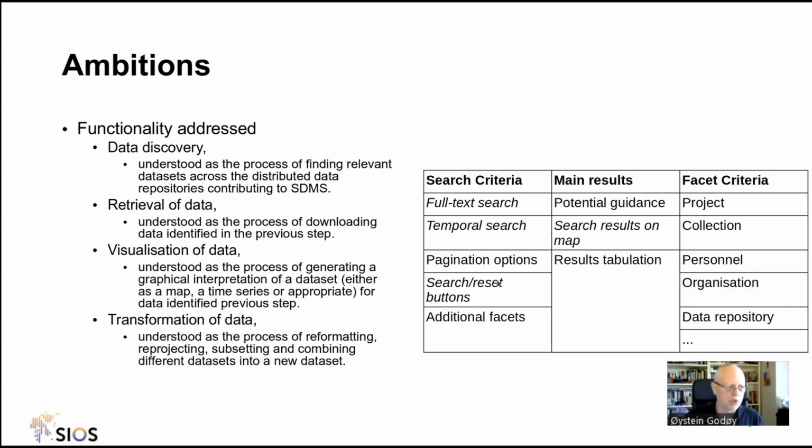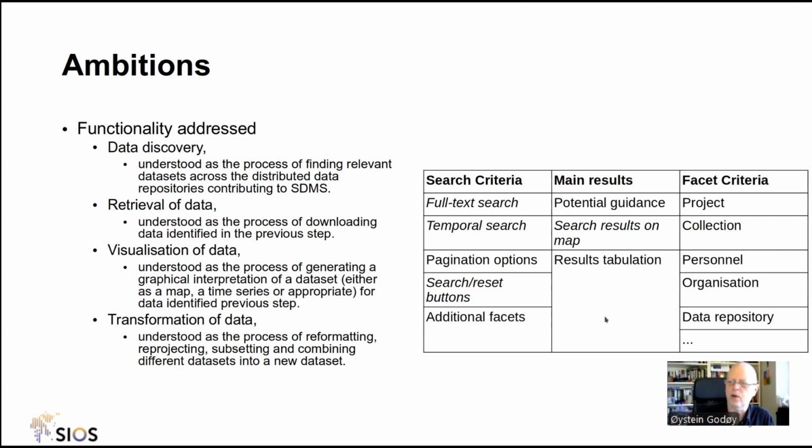I will show now a bit on the setup for the search interface, and I use the advanced user interface for this purpose. You have 3 columns. You have a first column where you have search criteria, a second column where you have main results, and then a third column where you have facet criteria, so the grouping of elements.